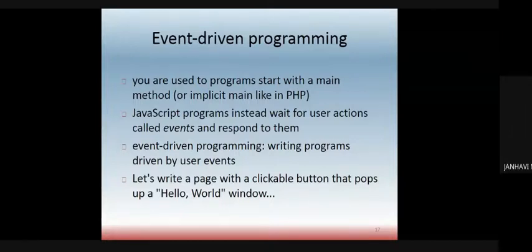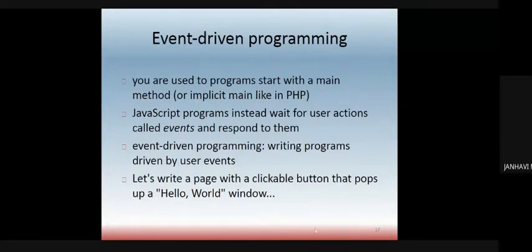So your JavaScript programs wait for the user action. That's why we call them events, and they respond to that event. That is why it is event-driven programming. You write programs which are driven by user events, that is, user actions like click and load. These are different functionalities by which the web page will behave in a different way.